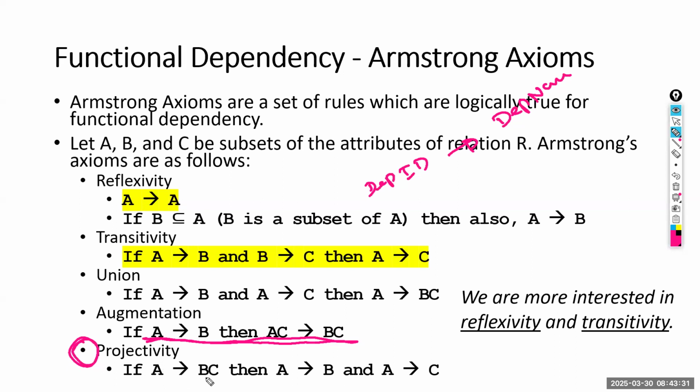If A determines BC combination, that means A determines individually B and individually C. If ID determines first name, comma last name, I can say ID determines first name, ID determines last name. Do you have any doubt about it? So that is called projectivity.